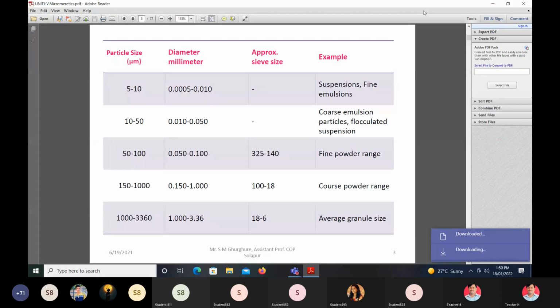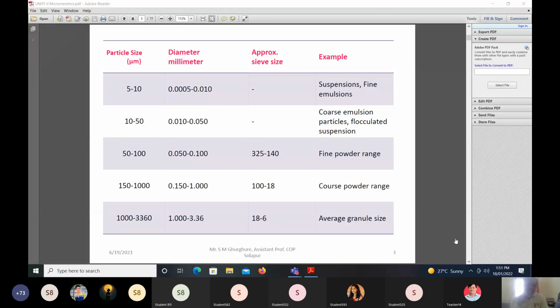If the particle size is smaller, then it covers more surface area, and the solubility of the drug is going to be increased. And if the particle size is larger, then it covers less surface area, which means there is a chance of less solubility of the drug, and that drug is unable to give its optimum bioavailability.